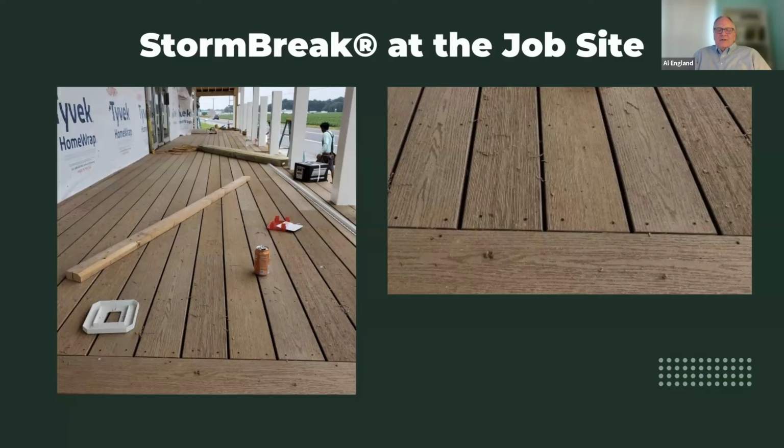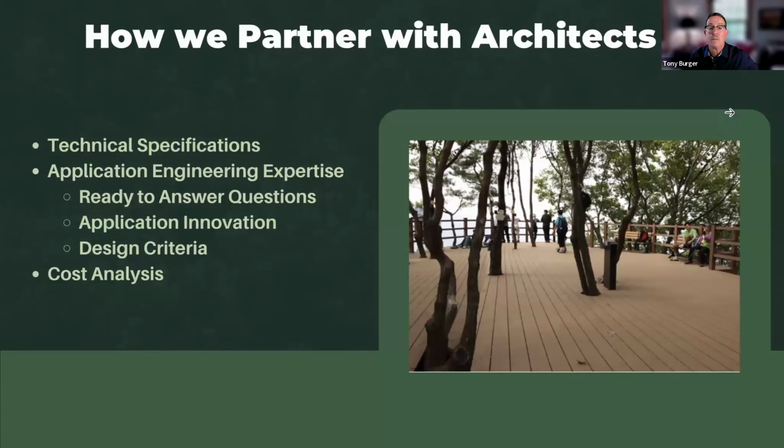There's no splinters, which are always a concern with pressure treated pine decks or with cedar decks. I'll just point out that in this installation, they opted to sink deck screws through the surface instead of using the hidden clip system, which really give it a little more of a rustic look, which I thought was pretty smart of them to do, Tony. Yeah, great.